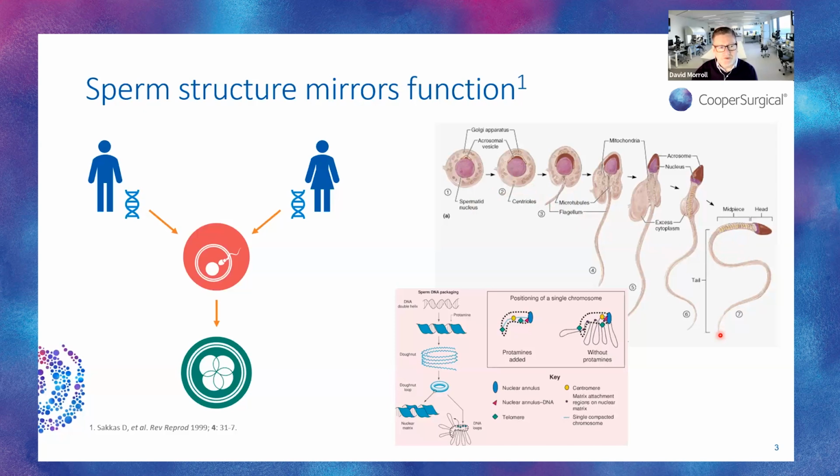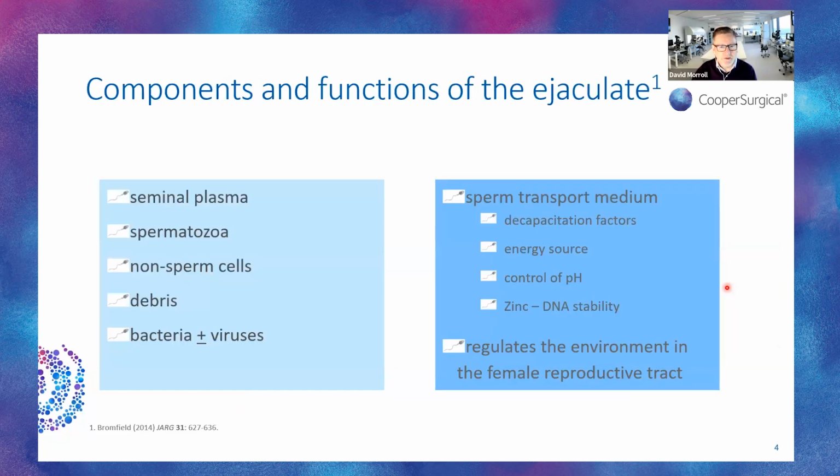Now, the delivery of these spermatozoa depends on the ejaculate. The ejaculate is comprised of a range of important elements, including seminal plasma, non-sperm cells, debris, and it can also carry bacteria and viruses and so on.